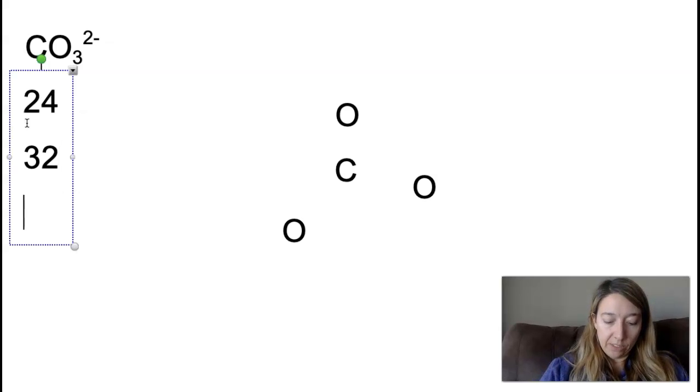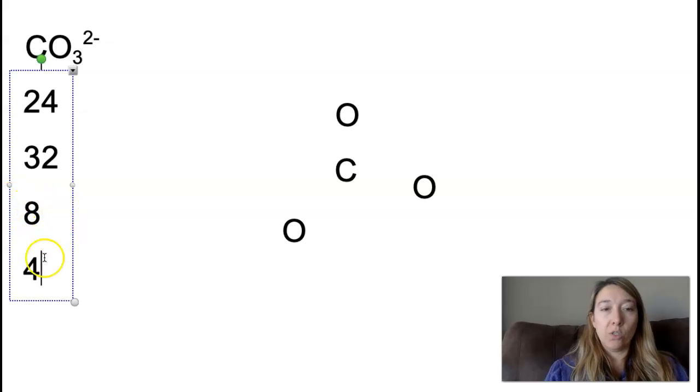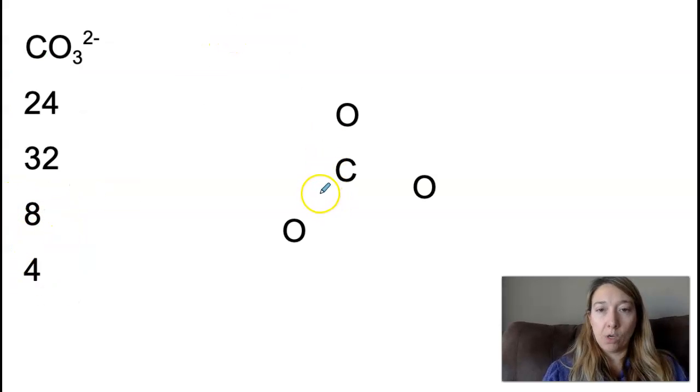Okay, then we would get the difference, so 32 minus 24, which is 8, and then we divide by 2 to get 4. So we know that we need 4 bonding electrons. So 1, 2, 3. That's a bond placed. That only gets us to 3. We said we needed 4. So I can pick one of these to put that second one into place, okay?